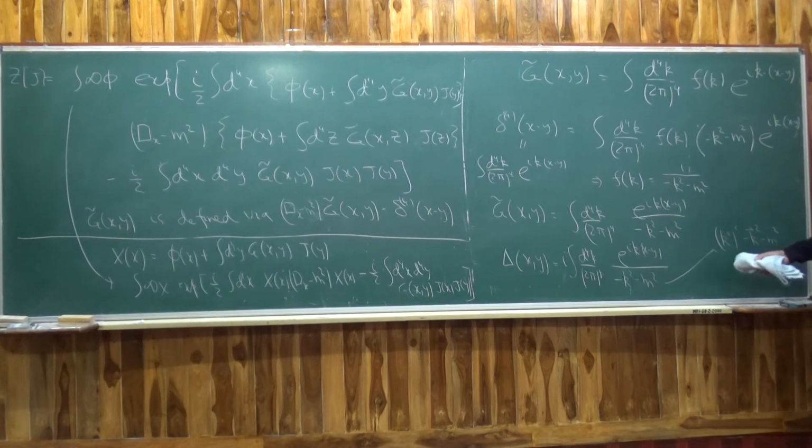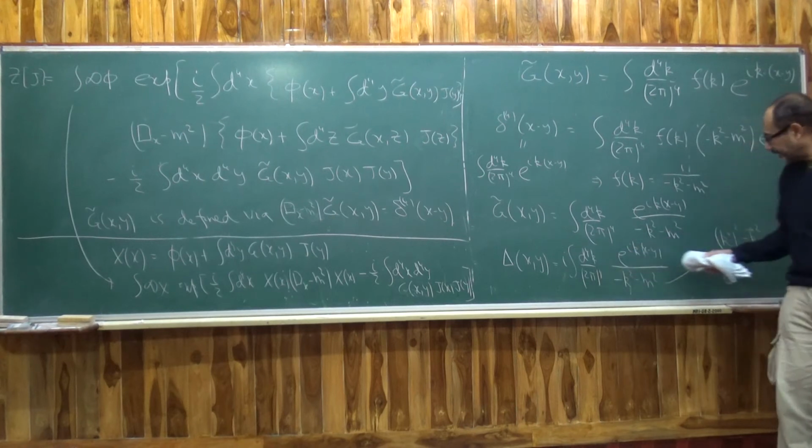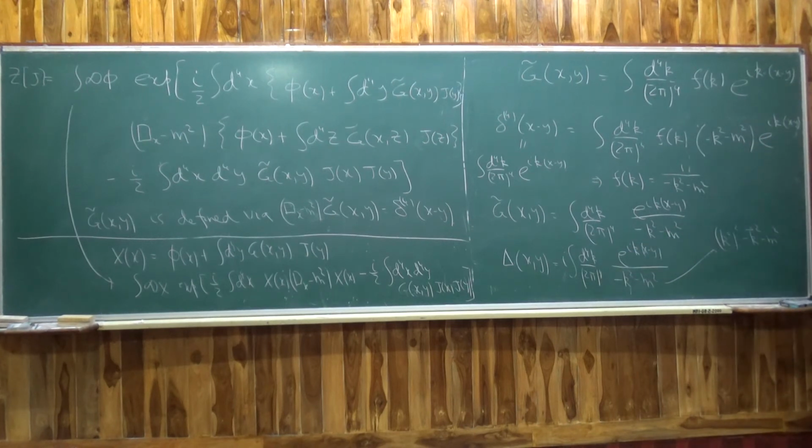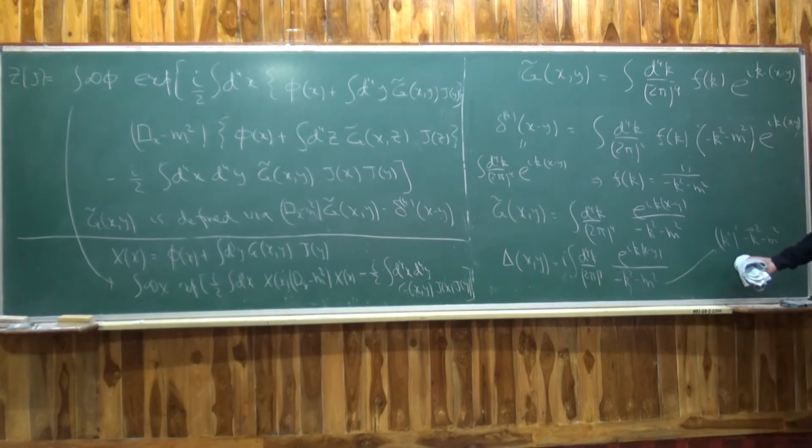You are integrating over these 4 real variables, but along the integration axis, there will be points where this vanishes, where k0 is square root of k square plus m square. So this integral that I have written is not well defined. Now the question is what to do with these singularities, how to define the integral around the singularities.